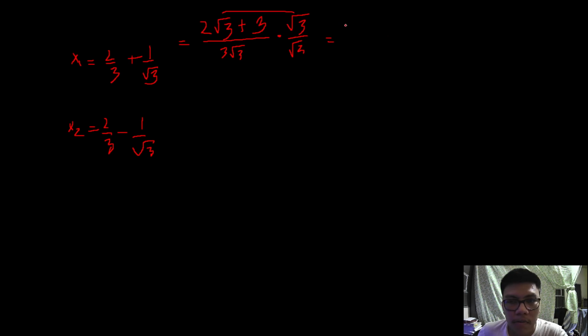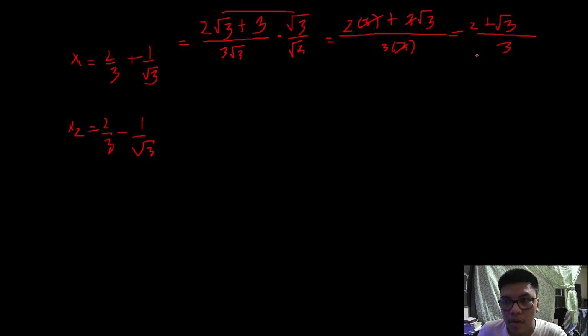So we have 2 times 3 plus 3 times square root of 3. Then, ito naman, 3 times 3. So pwede mo na agad i-factor out yung 3 since common sila, meron sa taas, meron sa baba. Ayun, 1, 2, 3. Okay, so you have now 2 plus square root of 3 over 3. Okay? So, yun yung isa mong x.